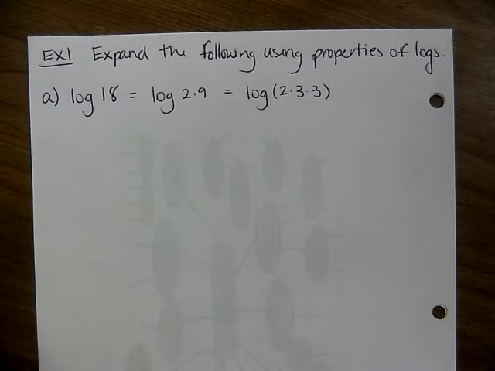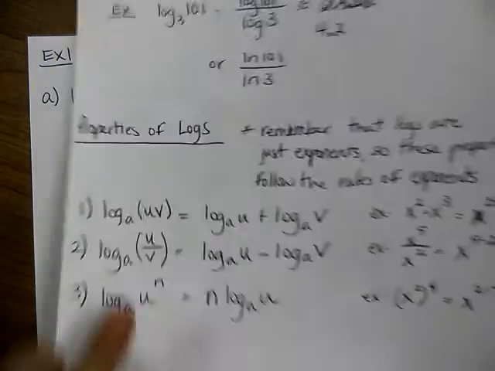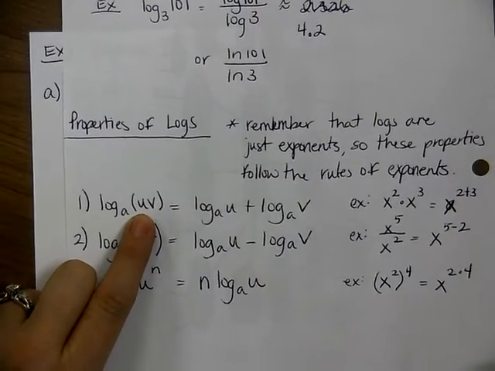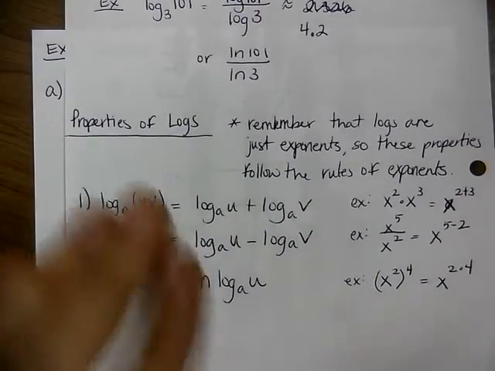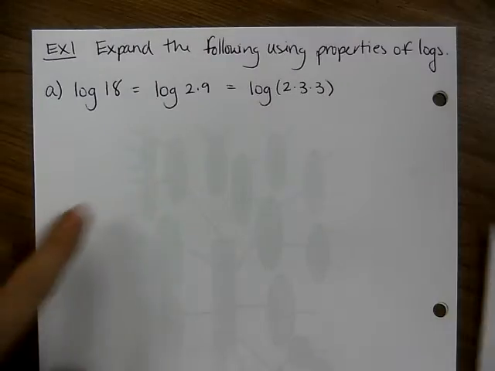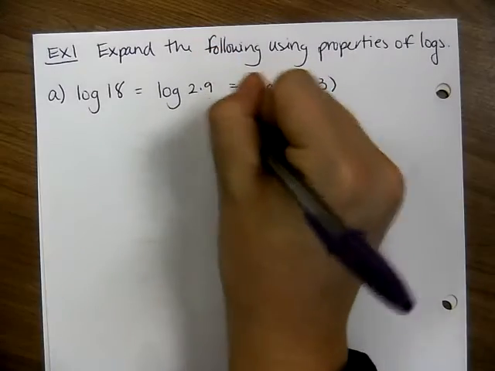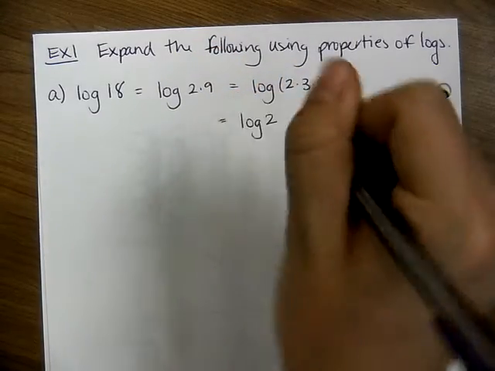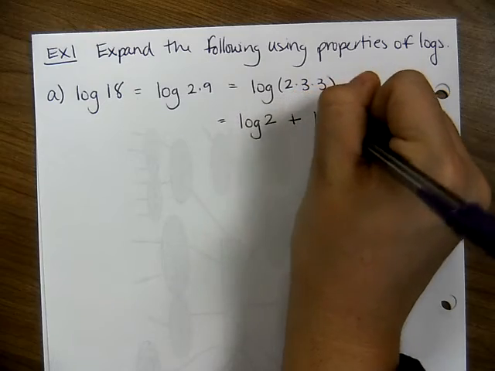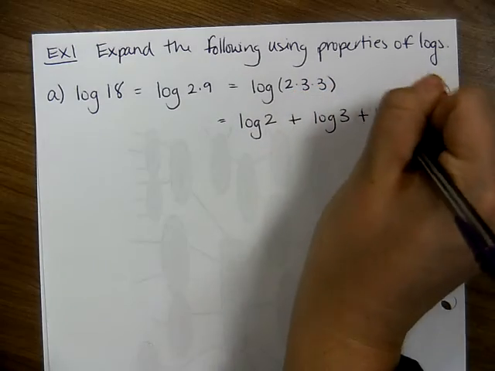So now if you have these numbers being multiplied, it's like that property of log base a of uv, where we separated them into addition. So that's what's going on here. We have a bunch of things being multiplied, and we can separate them into addition. So we're going to get log of 2 plus the log of 3 plus the log of 3.